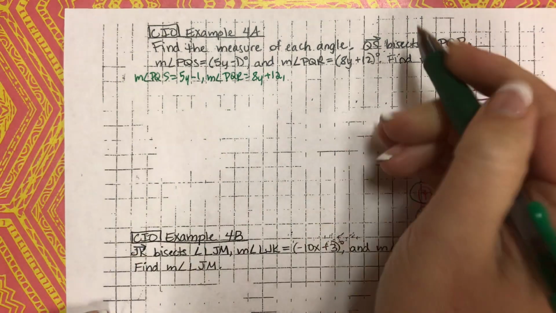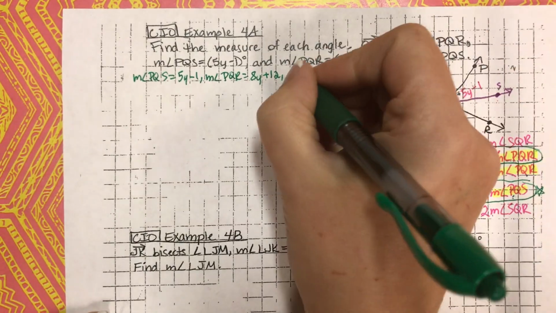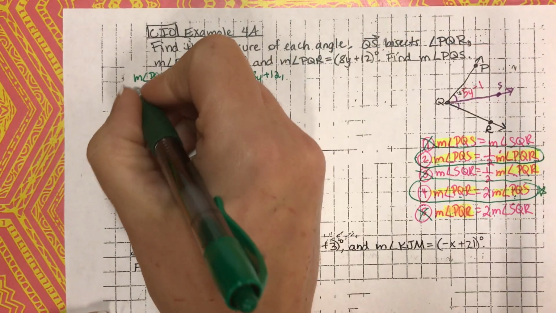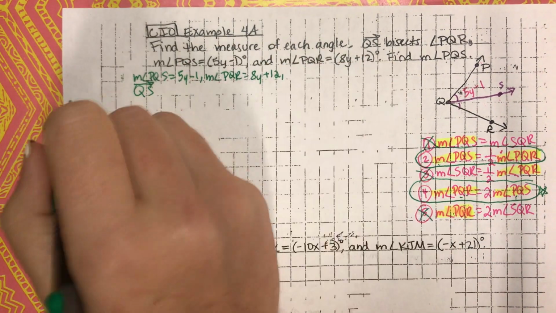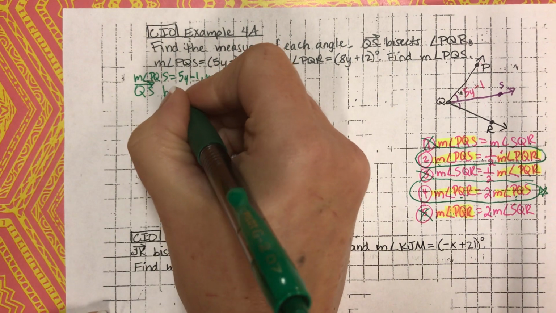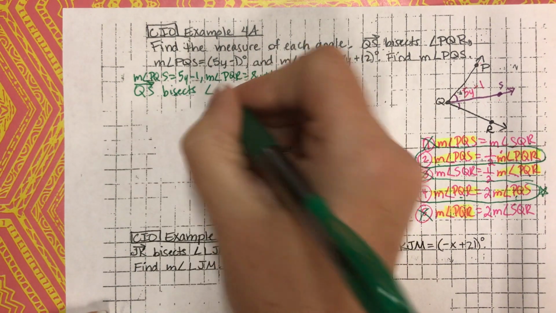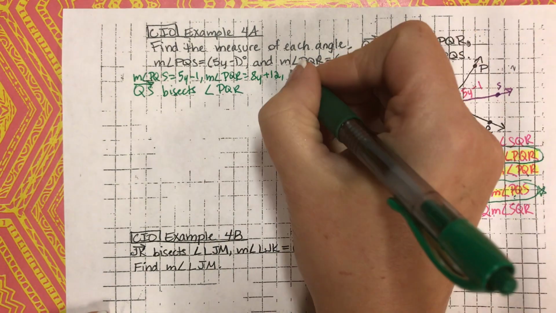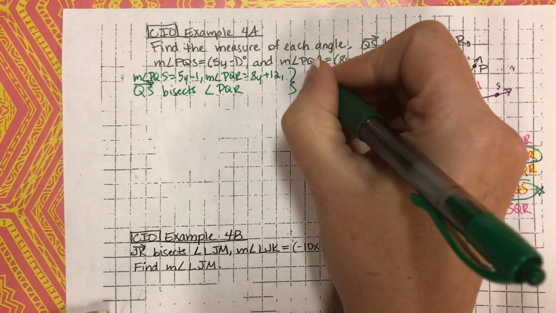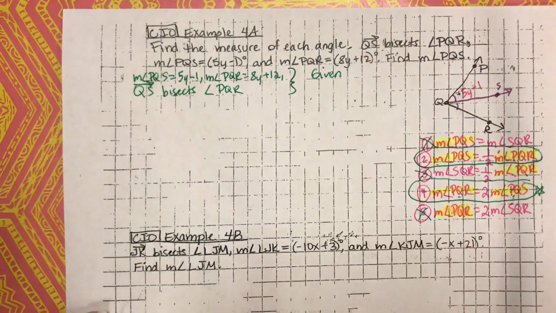And then the last bit is right here, this given information. I'll just write it here. Ray QS bisects angle PQR. All right? And all of this is given information. Okay, perfect.